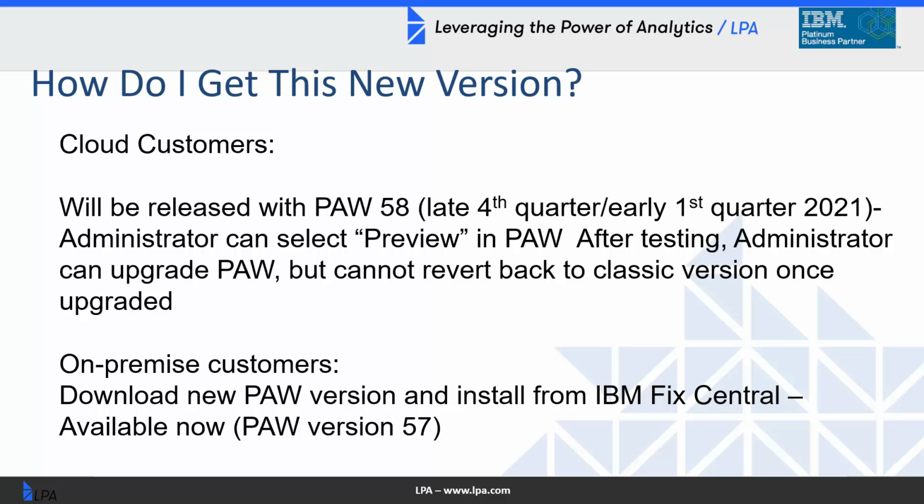Your administrators can go in once it's released, and it's with version 58 within the cloud. They can click preview in Workspace under the administrator area. You can test it. And once the administrator determines that they actually want to upgrade, they click on the upgrade button. Once you upgrade an environment, you cannot go back.